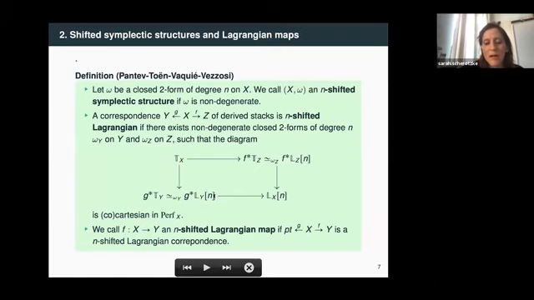And we always have a map from the pullback of the cotangent complex of Y shifted by n to the cotangent complex of X shifted by n. So we can consider these two maps for the bottom part of the diagram, and for the top part of the diagram, we can do exactly the same. And now we pose the condition that this diagram is co-Cartesian.